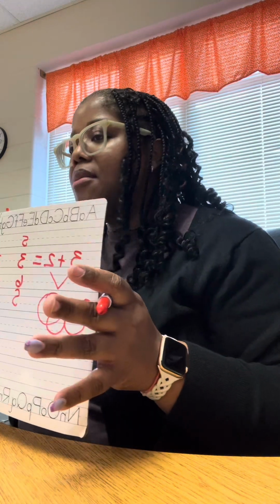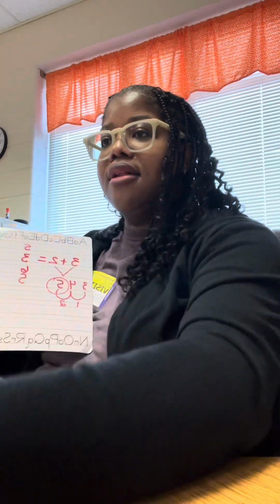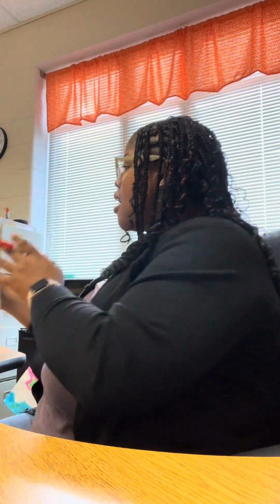Once you got it, put your thumb up. All right, let's see, what you got? 6. Okay. Malachi? 3. You said 3? London? 6. 6.